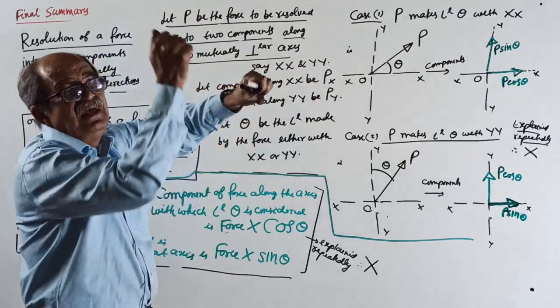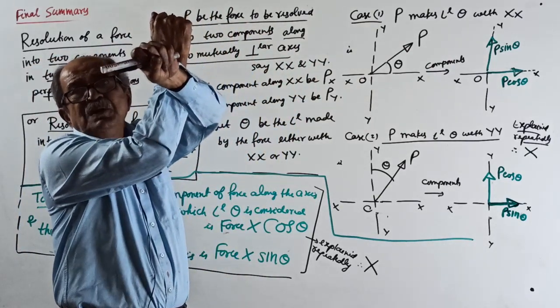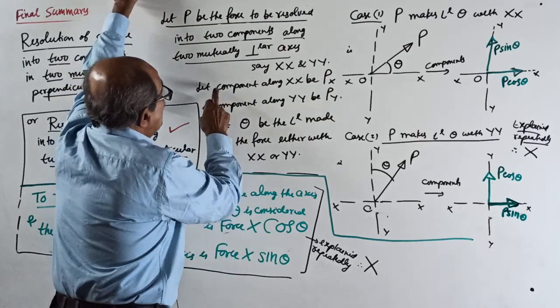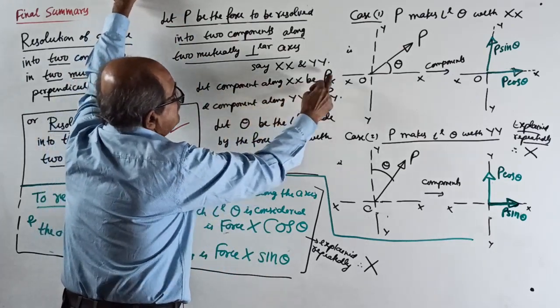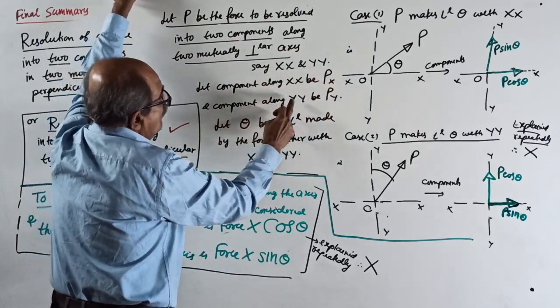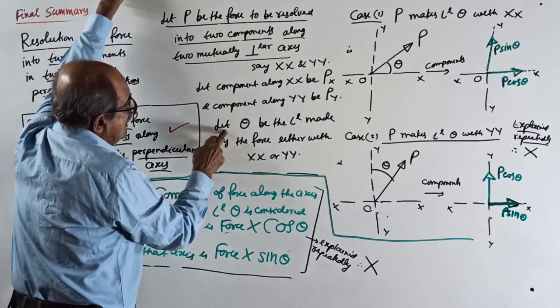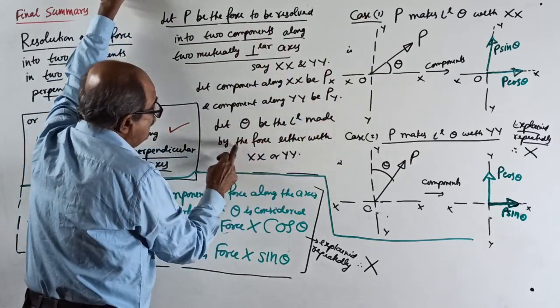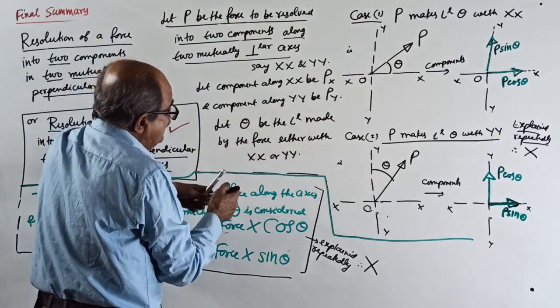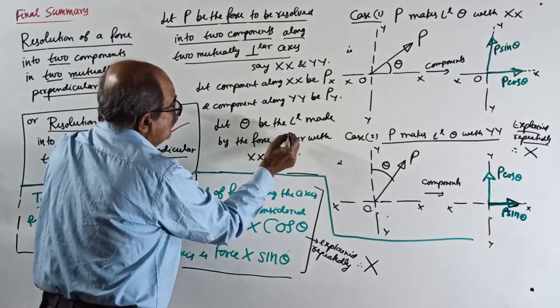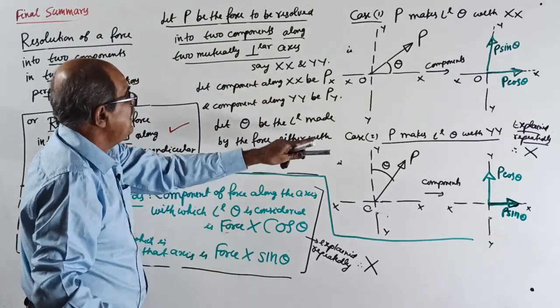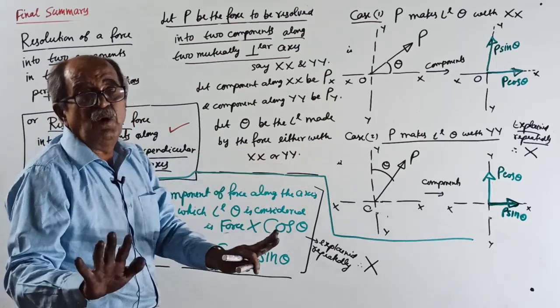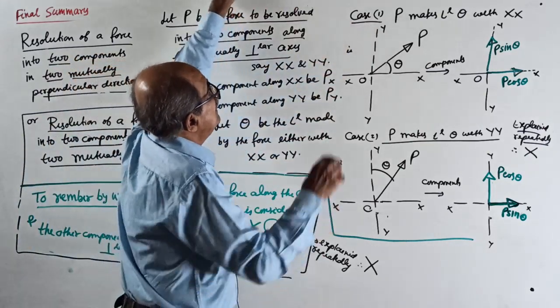So remember, xx, yy are mutually perpendicular. Let component along xx be Px, component along yy be Py. Let theta be the angle made by the force either with the xx or with yy. No restriction. Now, case 1.